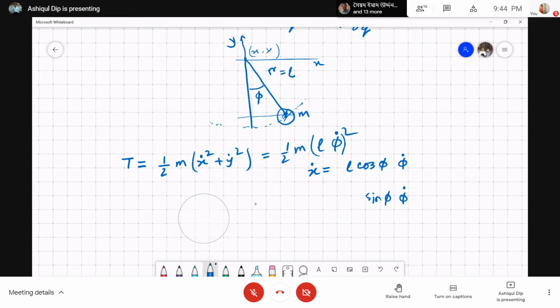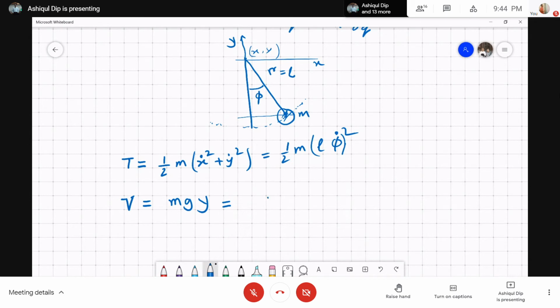Okay, so what's the potential energy now in terms of the y coordinate? It's mg times y. What was y? Just substitute.